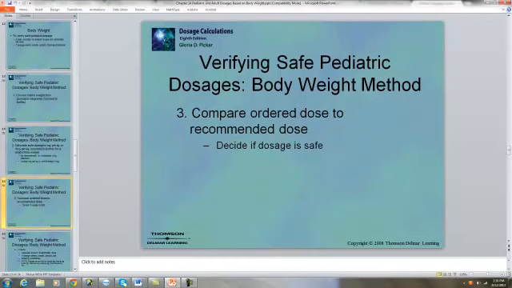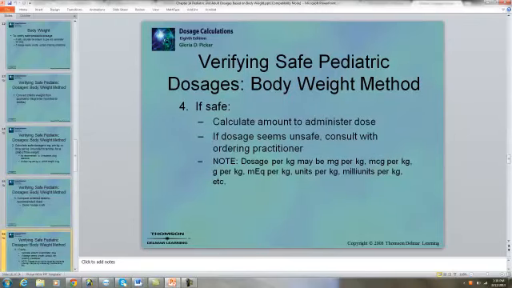Compare the ordered dose to the recommended dose, and then decide if it is safe. If it is safe, calculate the amount to administer the dose. If the dosage seems unsafe, consult with the ordering practitioner.